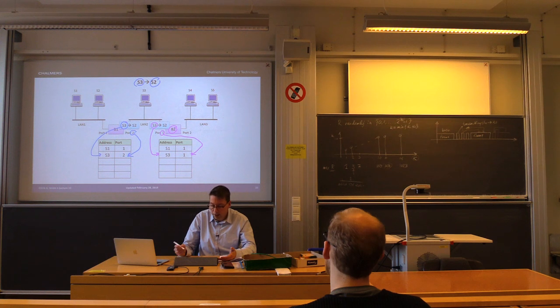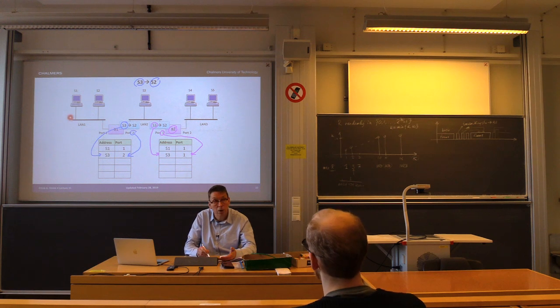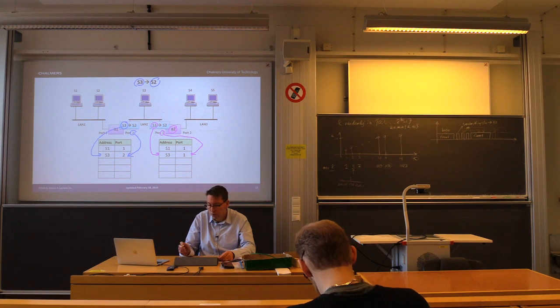Next thing to do is to look at the destination address. So bridge number 1, what does it know about S2? Nothing, right? So it has to put it out on all its ports, except the port that it just got it from. Now it's only 2 ports here. Same thing goes with bridge number 2.